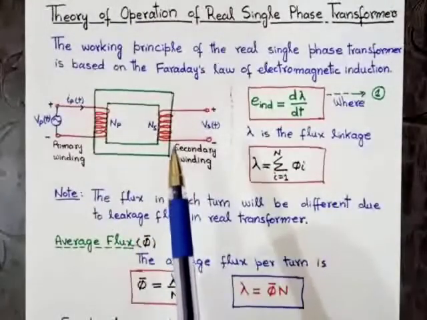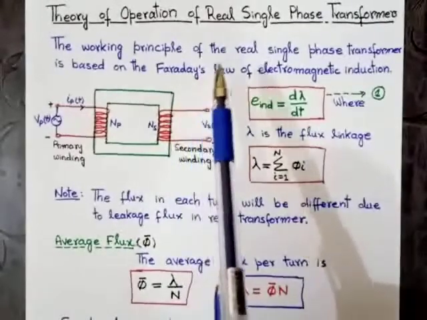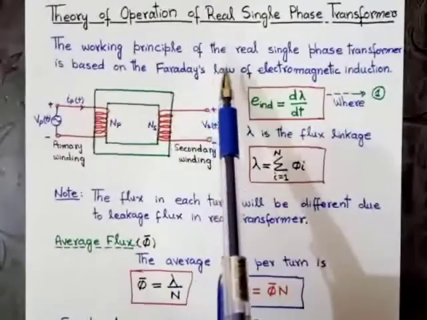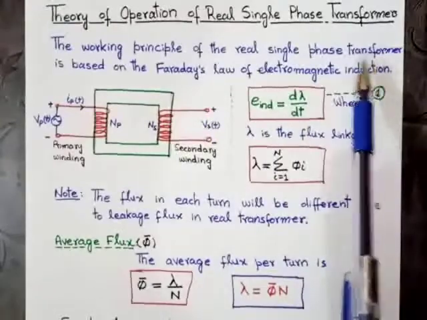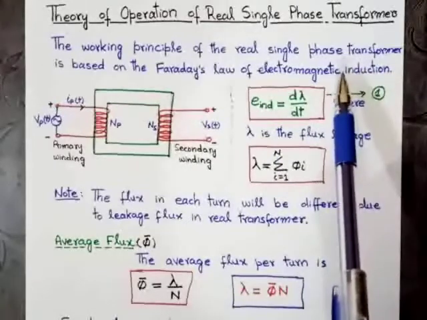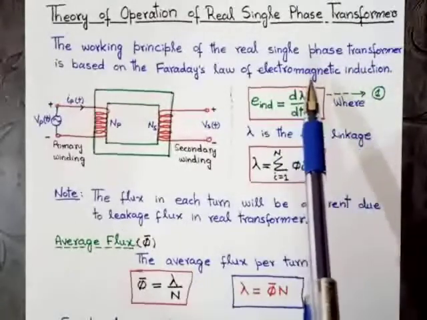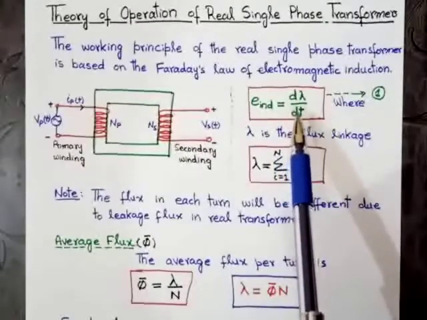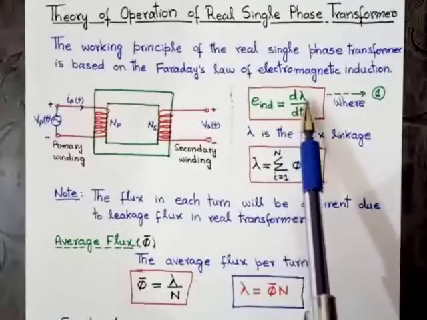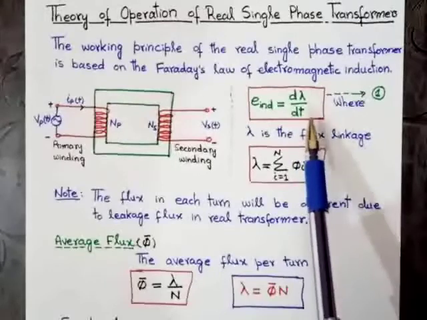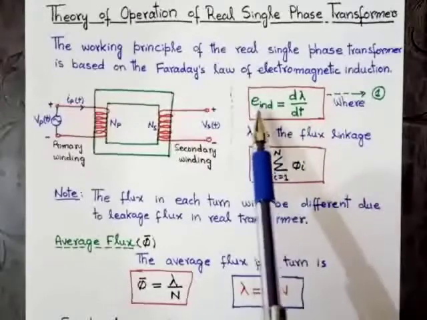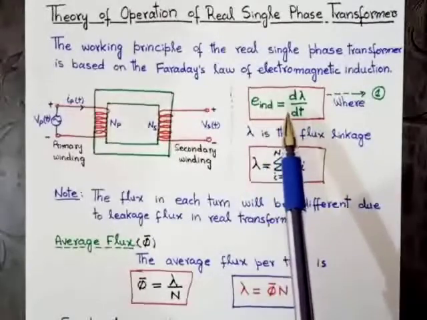Now we will discuss the working principle of a real single phase transformer. The working principle of a real single phase transformer is based on Faraday's law of electromagnetic induction. According to Faraday's law, the rate of change of flux linkage with respect to time is directly proportional to the induced EMF in a conductor or coil.